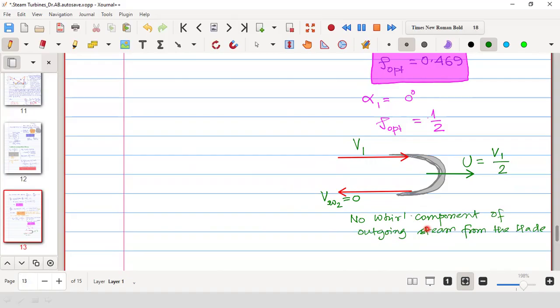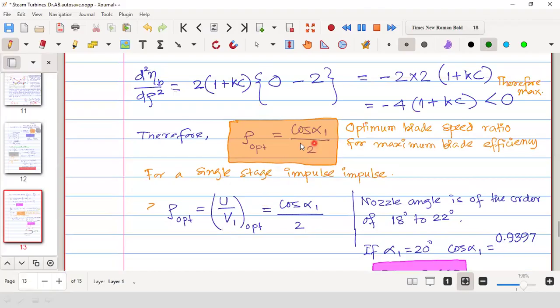So this is true for this also. Here also alpha 2 will be basically 90 degrees for maximum efficiency, with no whirl component of velocity.